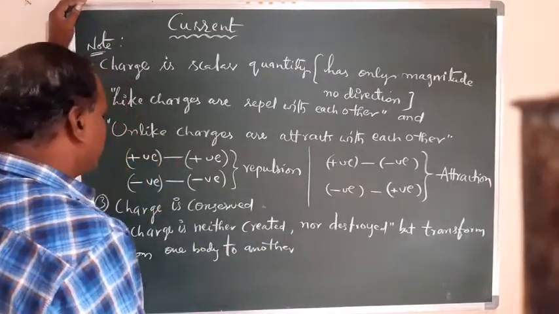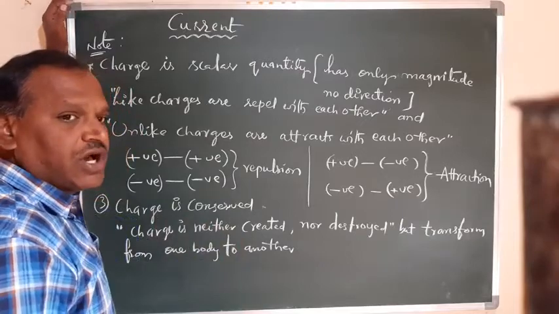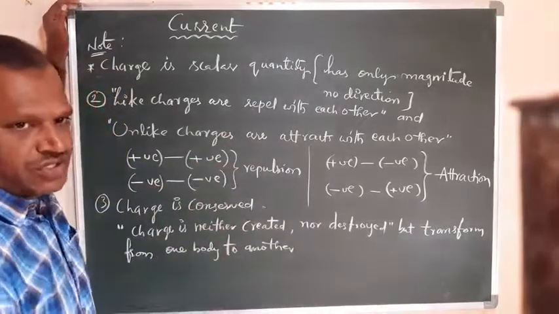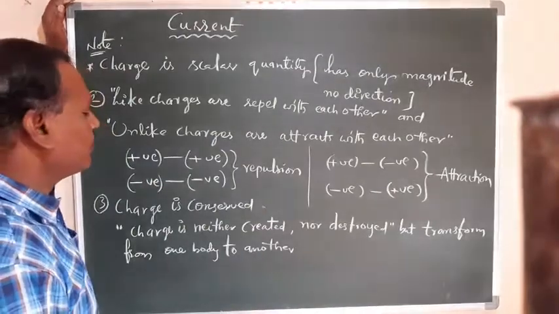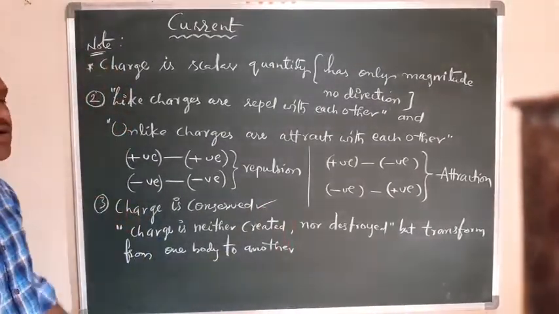Okay, this is what is called charge is conserved or conservation of charge. The total charge in the universe remains constant. Okay, that you have to remember. That is what is called as the charge is conserved, right? This is another property of charge.